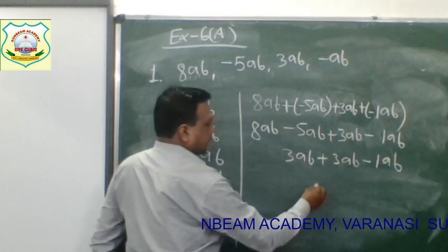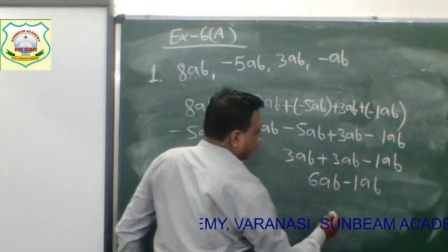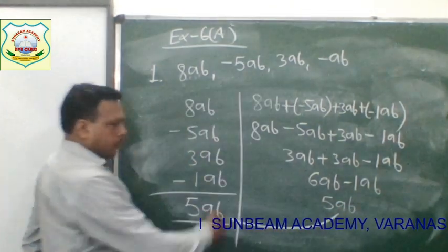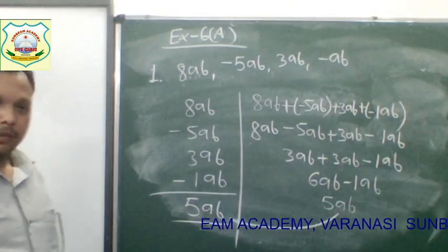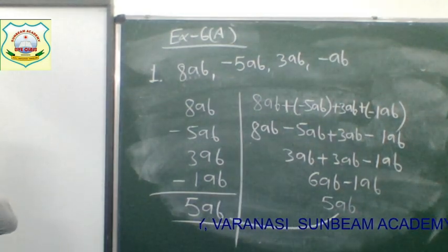So 3 plus 3, 6ab minus 1ab, that is 5ab. Everyone can see both answers are the same. That means whichever method you use, you get the same answer.